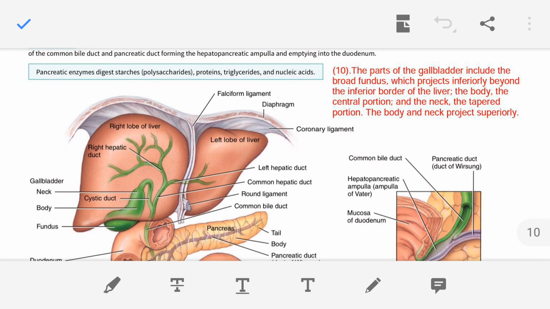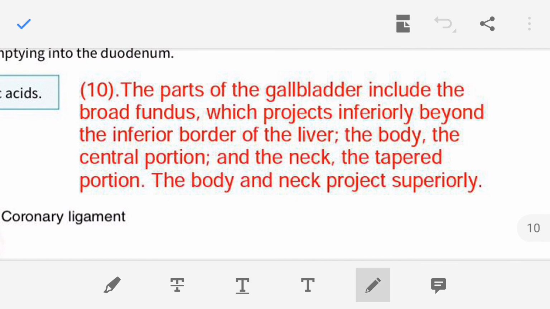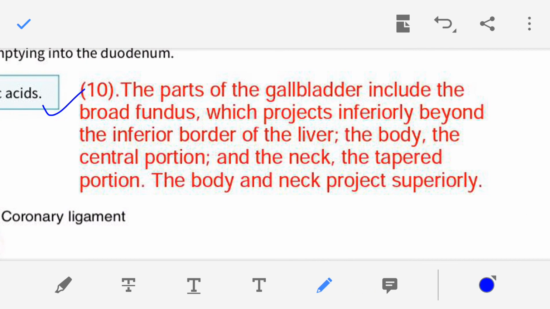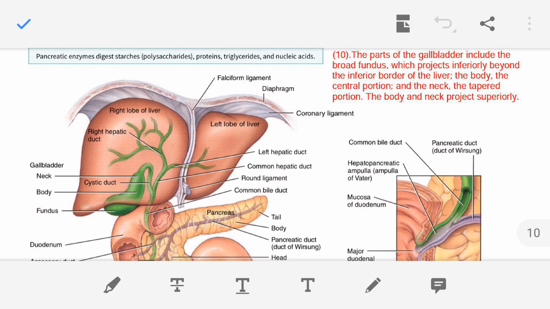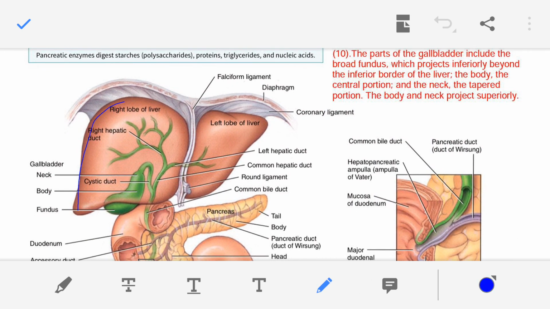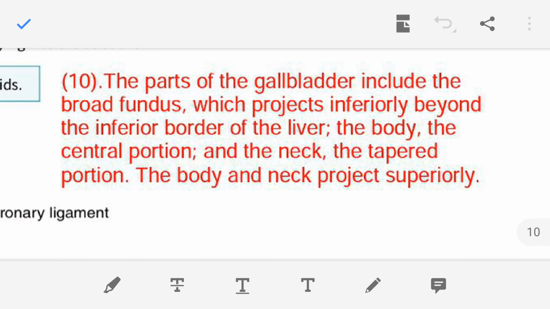So in this 10th point, the parts of the gallbladder include the broad fundus, and this fundus projects inferiorly beyond the inferior border of the liver. Here you can see this is the entire liver, and inferior to the liver, the gallbladder is present.